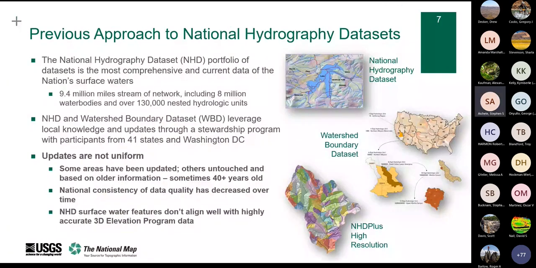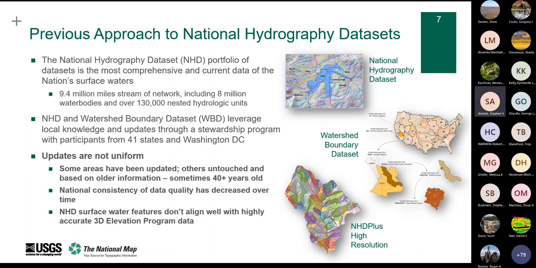So our previous approaches to national hydrography were largely to take those blue lines and convert them into computer readable DLGs and then eventually NHD, and it resulted in a very comprehensive, really the only comprehensive nationwide data set of hydrography, and then of course the watershed boundary data set as well, leveraged for a lot of applications.